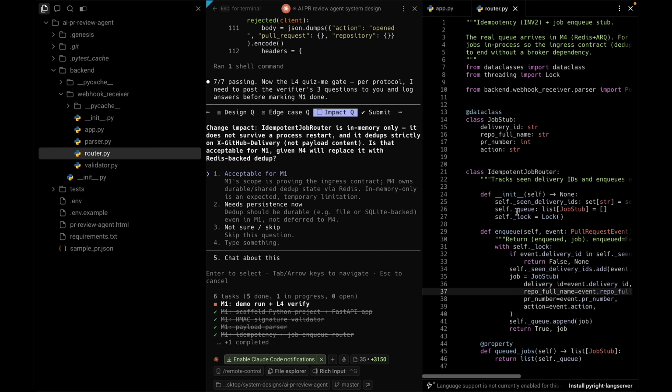It is checking whether the pull request is a duplicate or not. If it is a duplicate, it raises an alarm. Sometimes your GitHub webhook might retry, so it checks for duplicates and prevents them. Right now it's a temporary thing. We'll ultimately have durable shared dedupe state via Redis.